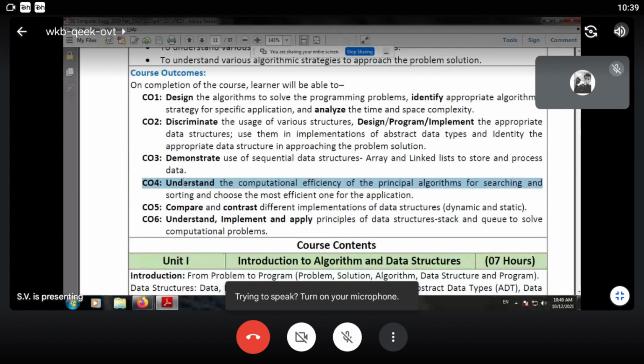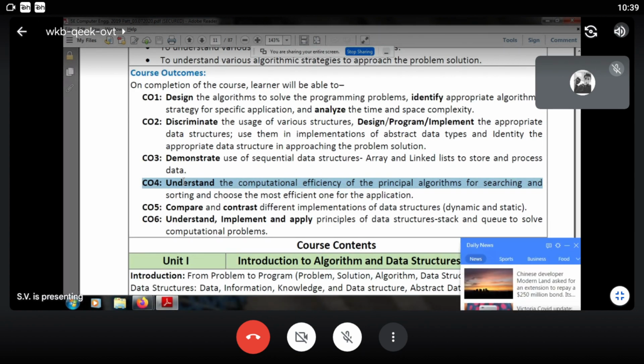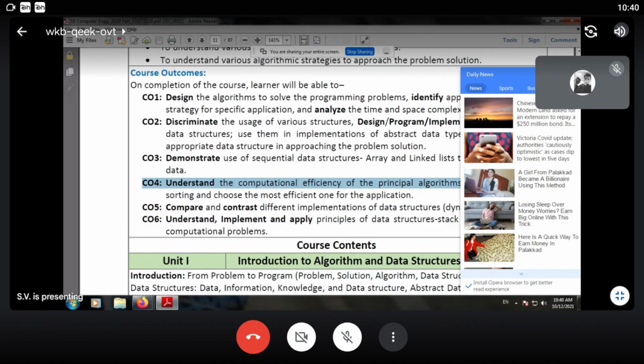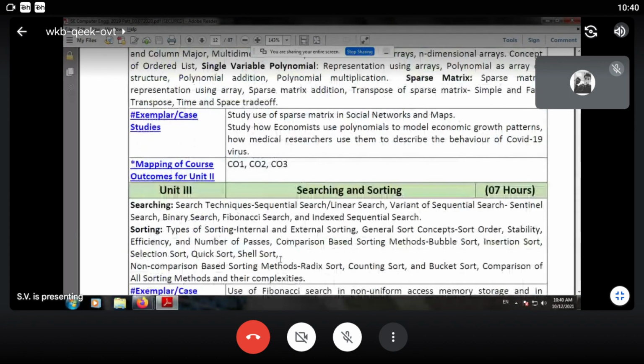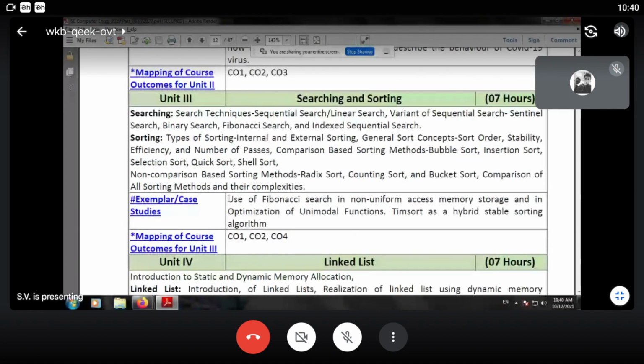Where there is non-uniform memory access, you use Fibonacci search. If there are equal partitions to be accessed, you use binary search. You are able to choose a particular algorithm if and only if you are capable of solving the problem as per the case study defined in unit number 3.